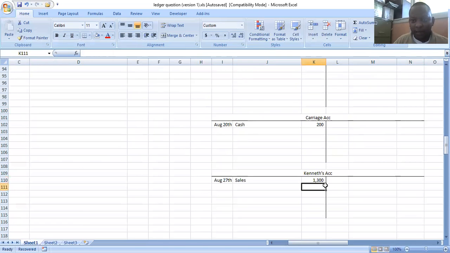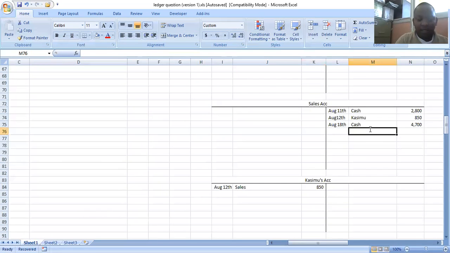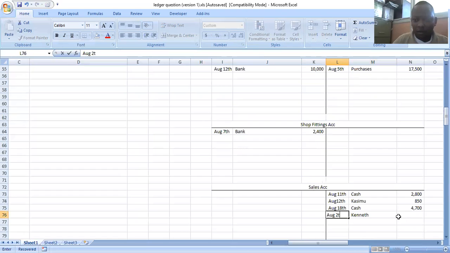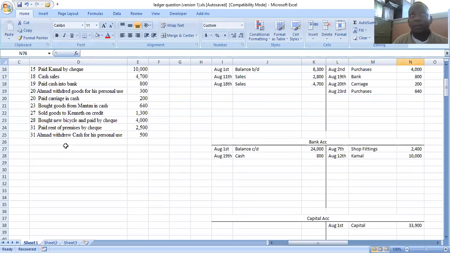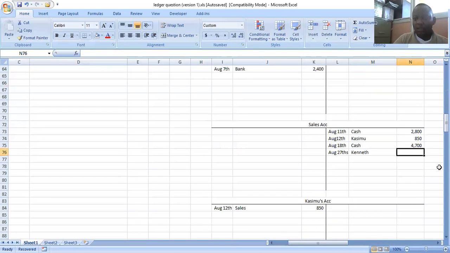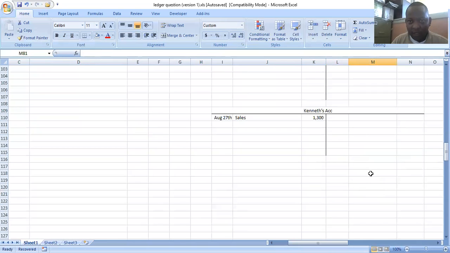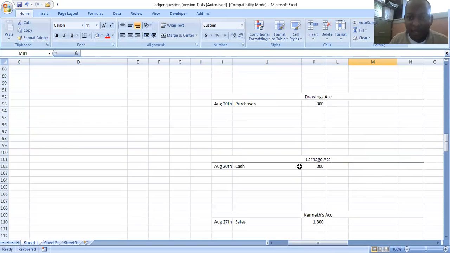And then credit sales by Kenneth, on 27th August, and the amount is 1,300. So credit sales by Kenneth, the amount is 1,300, and debit Kenneth's account by sales 1,300 shillings.